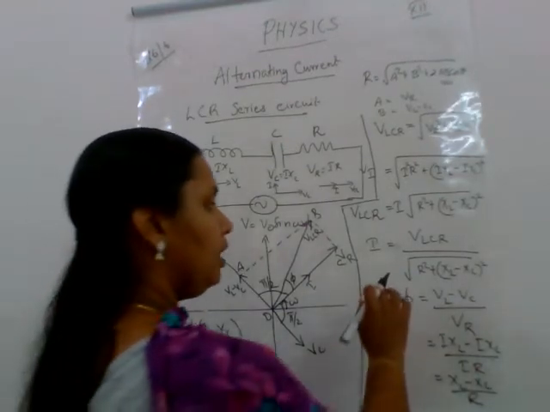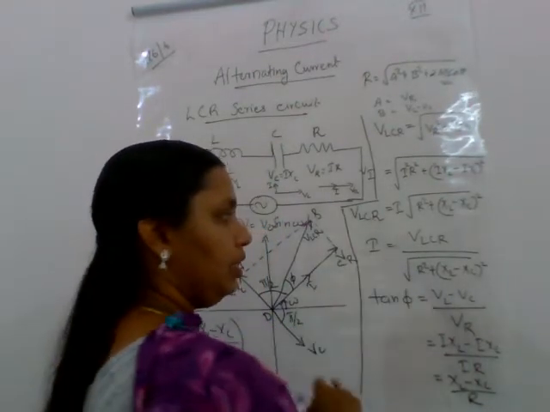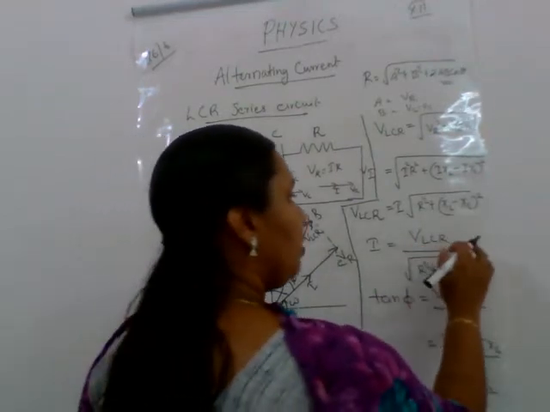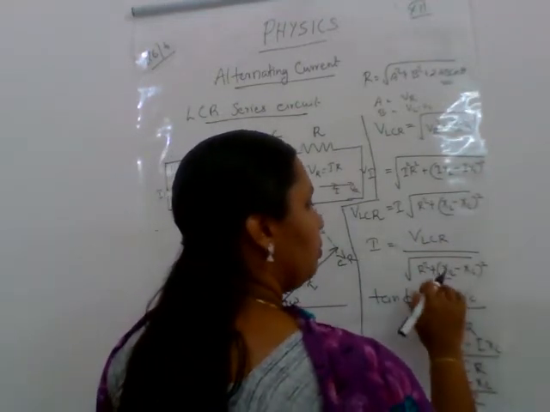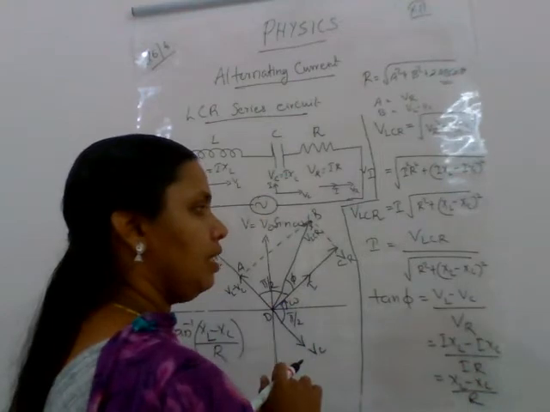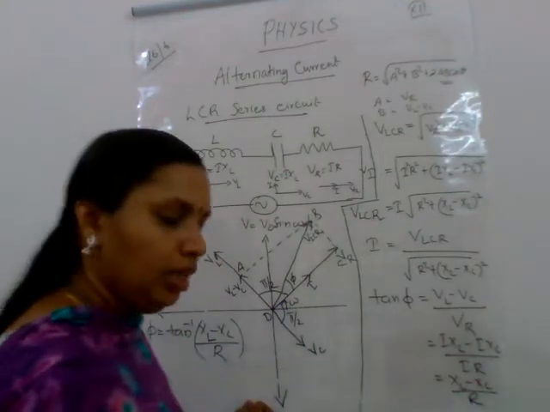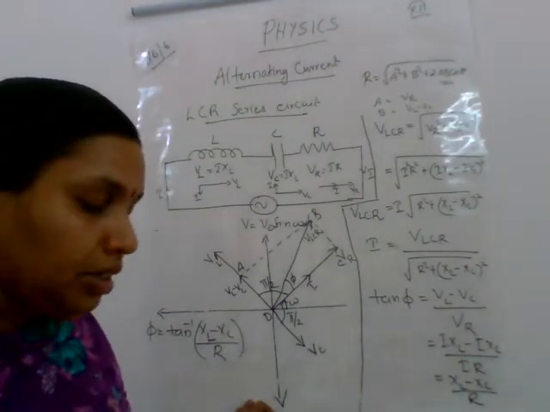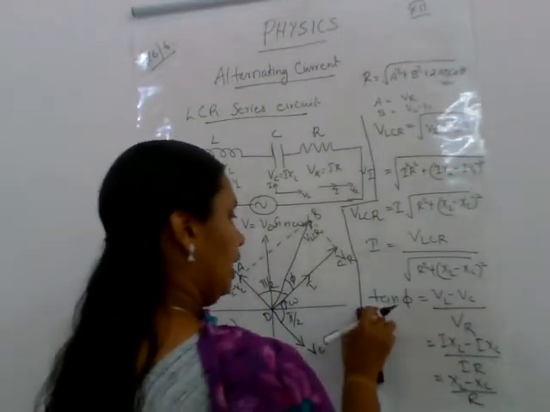Understood? And look at the equation here. Come back to the equation. Thus, I is equal to VLCR divided by root of R square plus XL minus XC the whole square. So compare it with our first equation, that's the Ohm's law relation.